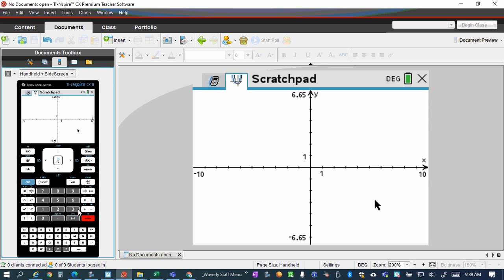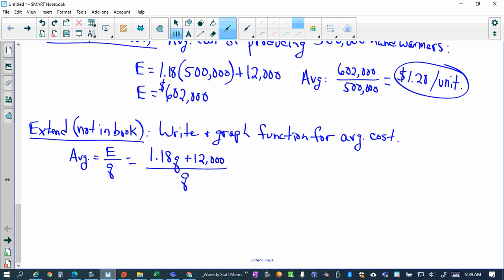So let's make our graph window like this. I think I'll have to do x from 0 to 20,000, so 0 less than or equal to x less than or equal to 20,000. And then for the y side, between 0 and 75.